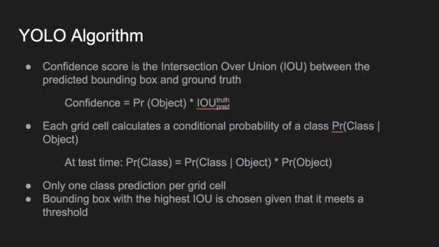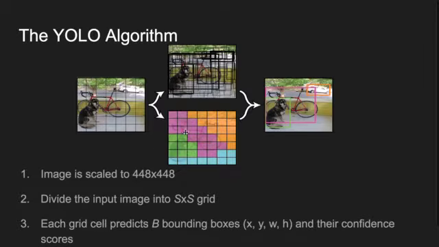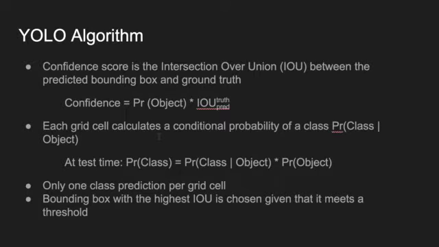The confidence score is the intersection over union, as we mentioned earlier, between the predicted bounding box and the ground truth. This is their confidence score. Each grid cell, as shown in the earlier slide, and there would be 49 of them in our case because it's a 7 by 7 grid, calculates the conditional probability of a class, the probability of a class given an object.